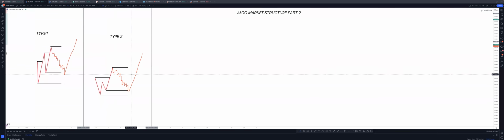In type 1, we have two breaks. Price takes out the closest low, then price takes out the high. In type 2, we have this low here before price takes out the higher high. Before price takes out the higher high, we have this low. So that makes this the B instead.